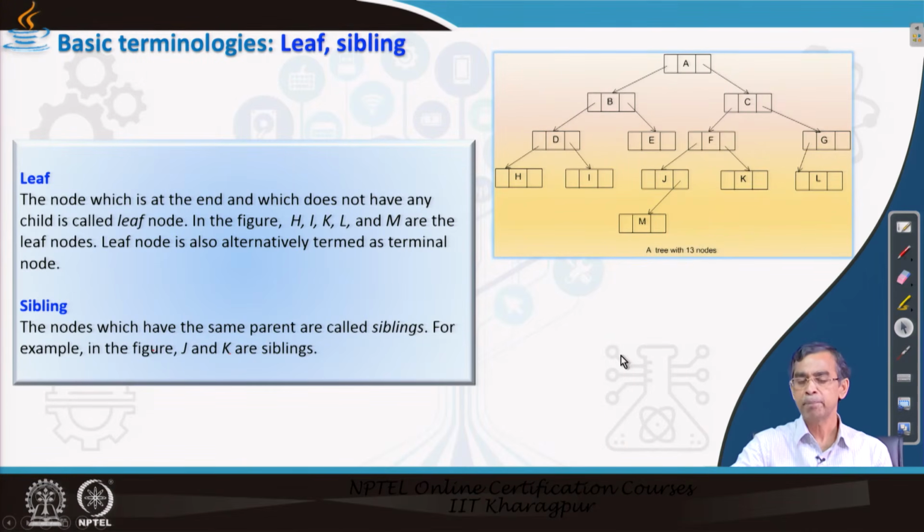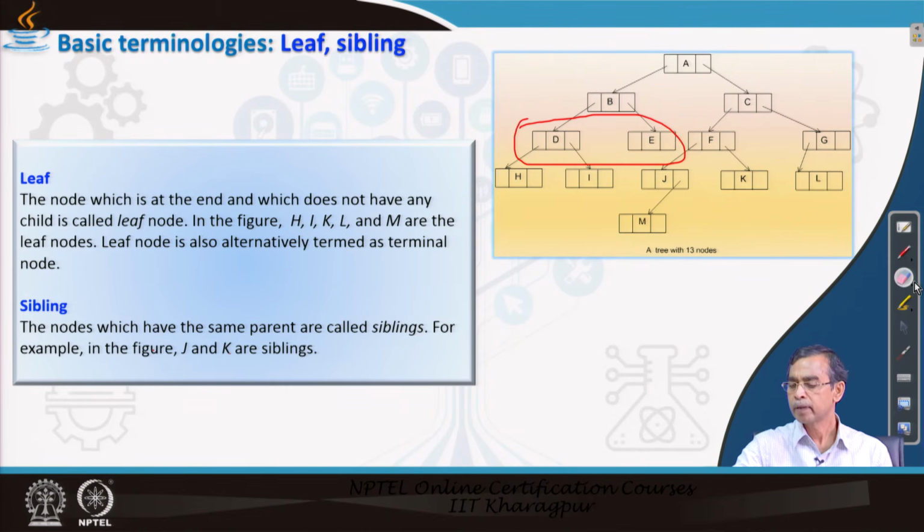And then the sibling: the two children of the same parent are called siblings of each other. Now in this example, D and E are siblings.